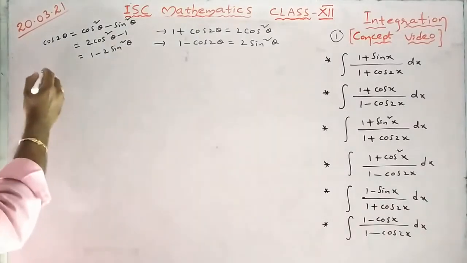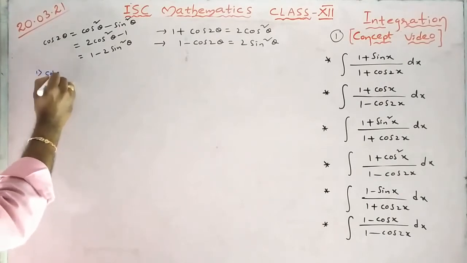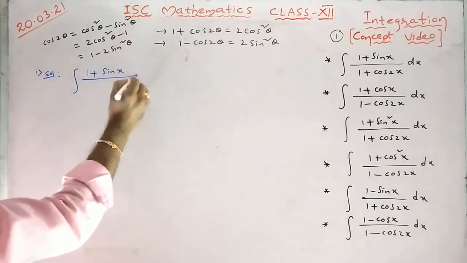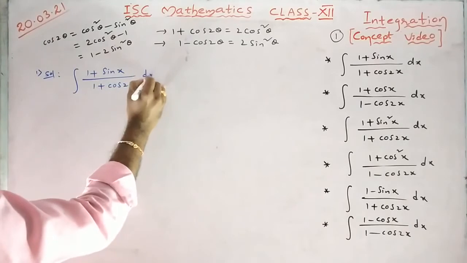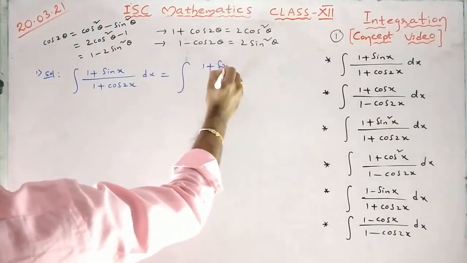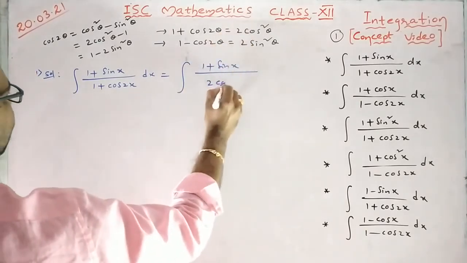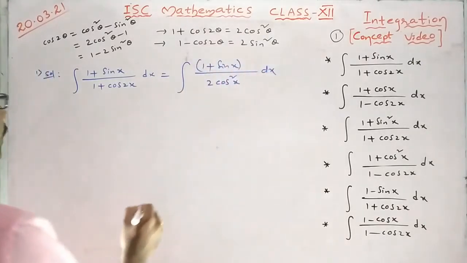Look at once. First one, solution: integral 1 plus sin x by 1 plus cos 2x dx equal to integral 1 plus sin x by, what can we write? 1 plus cos 2x means I can write 2 cos square x dx, right?